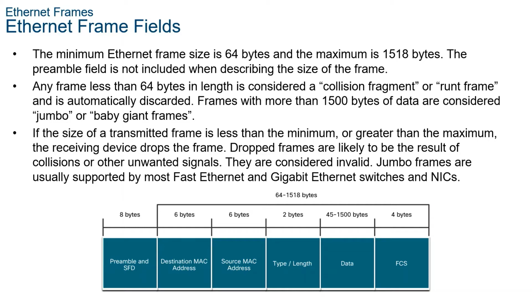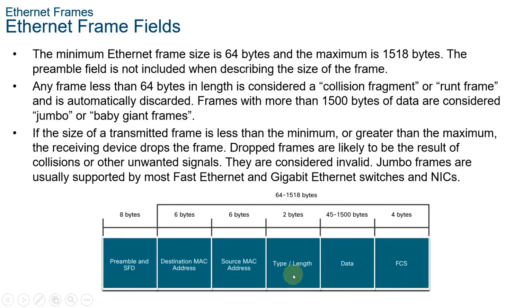If there is a match, the device accepts the frame. It can be a unicast, multicast, or broadcast address. The next one is the source MAC address. This 6-byte field identifies the originating NIC or interface of the frame.